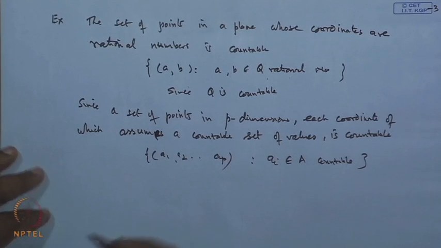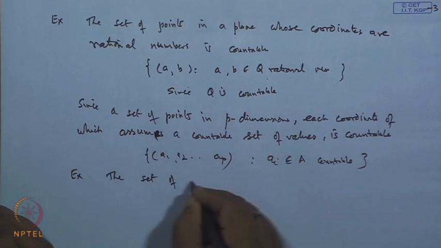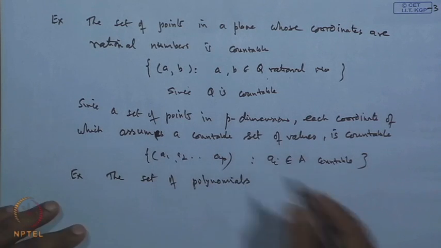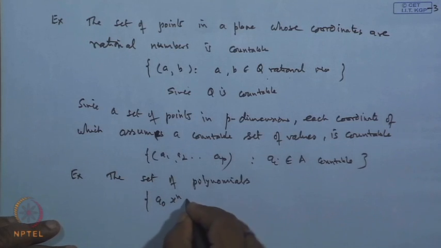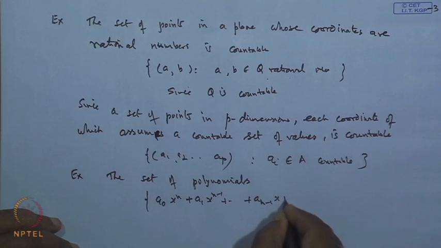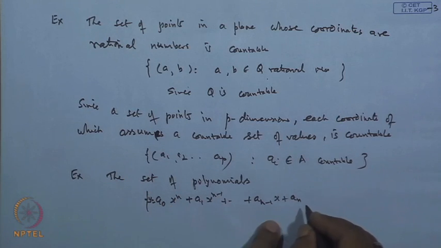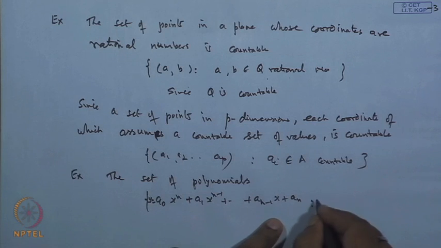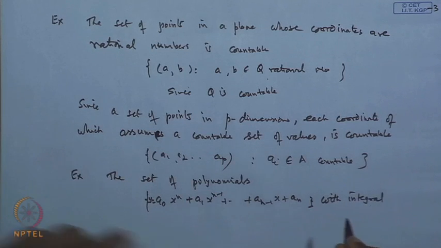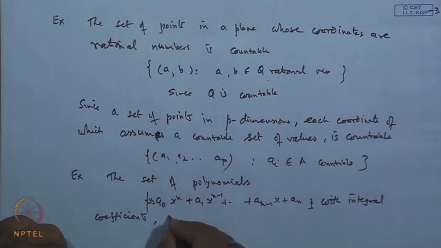Okay. Now, based on another result, which is that the set of polynomials a0 x to the power n plus a1 x to the power n minus 1 plus ... plus a(n-1) x plus an, where the coefficients are integers, that is, the set of all polynomials with integral coefficients is countable.